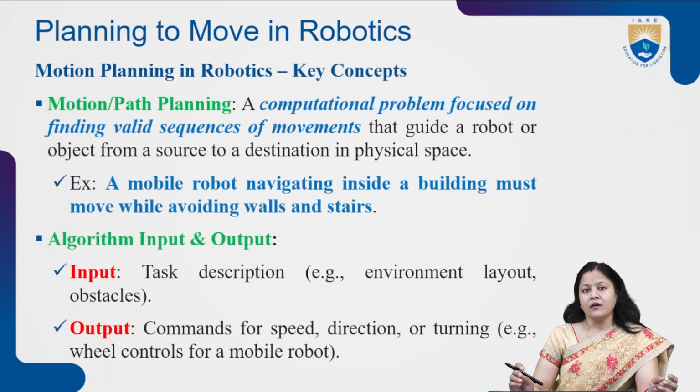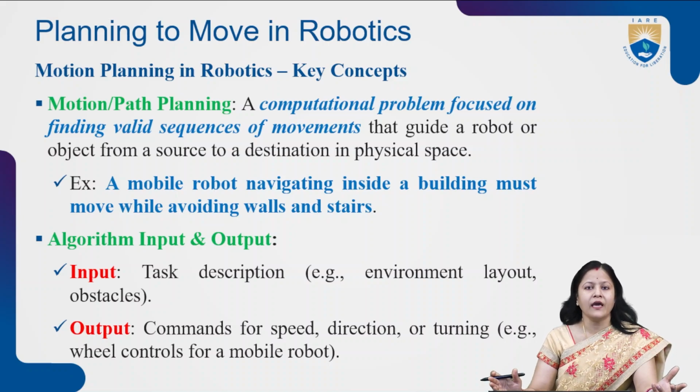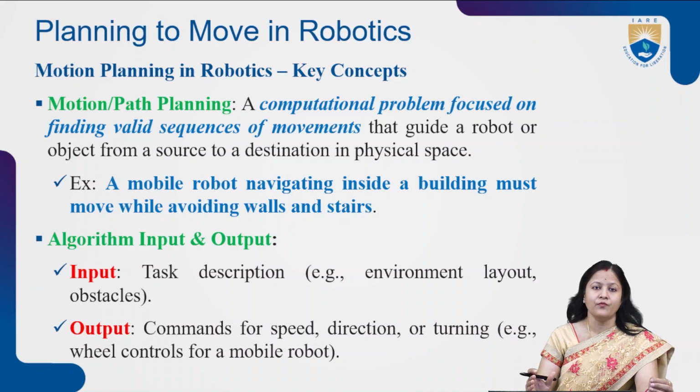Now, the main key concepts for motion planning are of two types. One is motion planning, which is also called path planning, which is done by the robot. Another one is algorithm input or output. Either method can be used depending upon the type of robot. Path planning or motion planning is a computational problem focused on finding a valid sequence of movements that guide a robot or object from a source to the destination in a physical space.